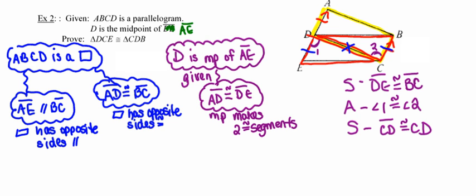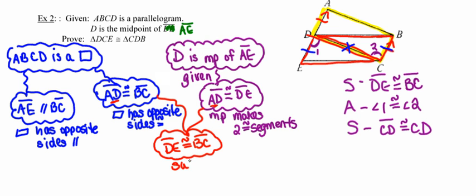And now a little bit of substitution here. Both of these are congruent to AD. So I know that DE has to be congruent to BC. And that's substitution.